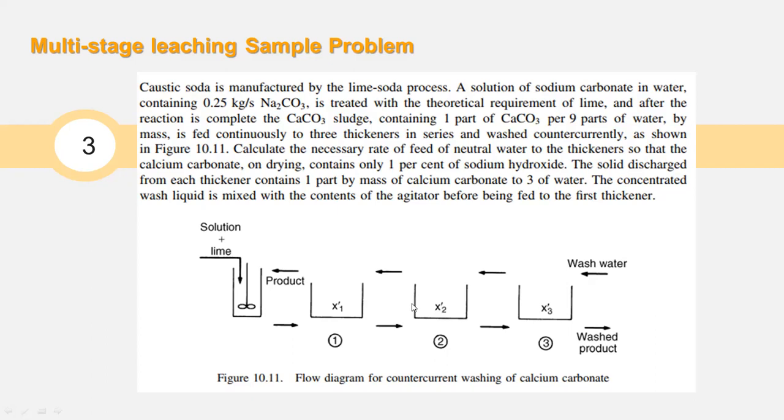That is why here you could see that you have the primes in the x's. Without the primes, and if these x's are written in capital letters, then we will have the usual interpretation of the manner of expressing concentration for leaching, and that is solute over solution. Okay? This one is solute over the solvent.